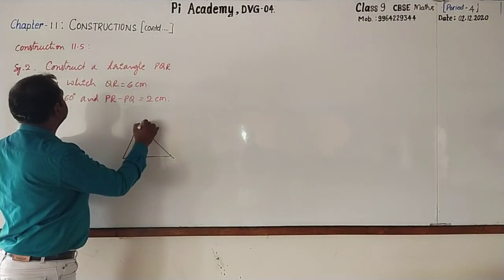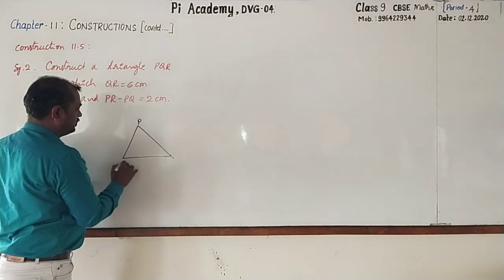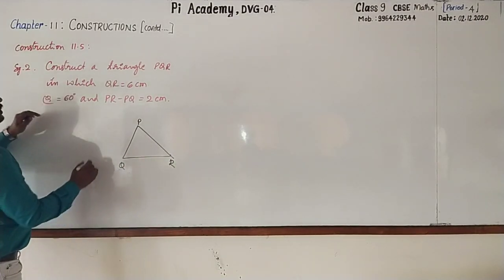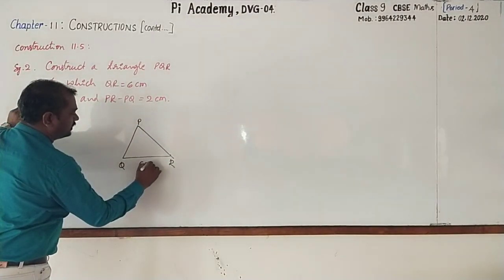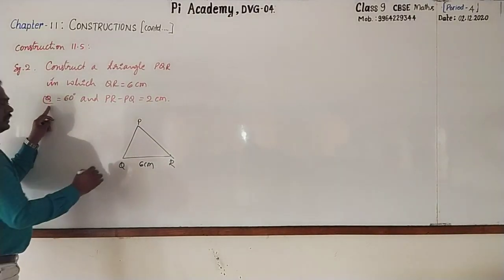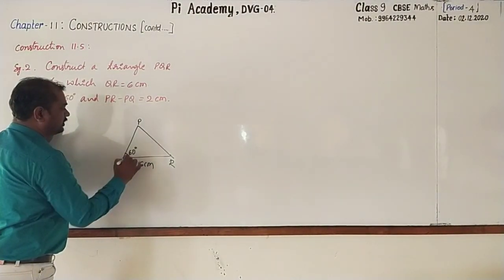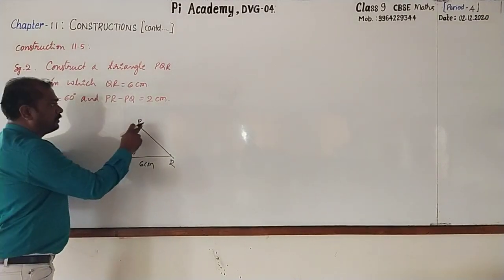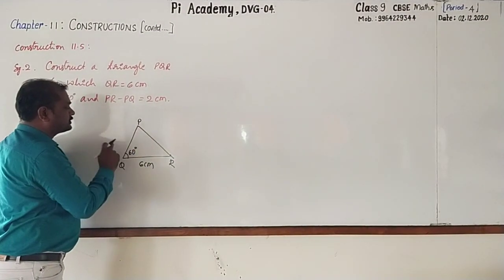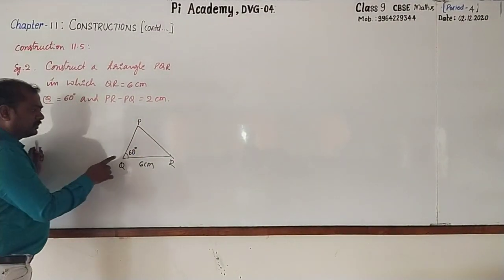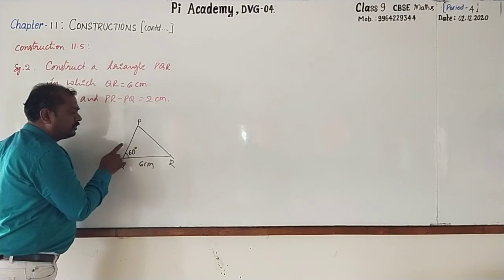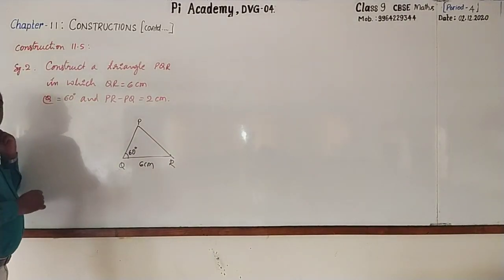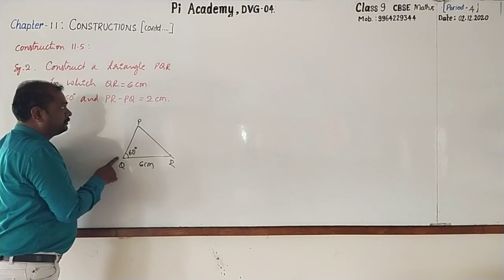This is the triangle PQR in which QR is 6 cm, which is the base, and angle Q, which is base angle, it is 60 degree. Then they are given PR minus PQ. Dear students, with respect to base angle, which is the adjacent side, it is PQ.